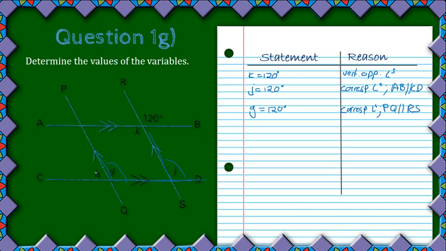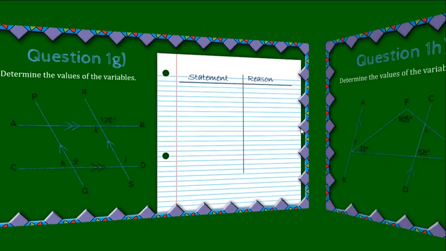And then finally we have H. So H and G lie on a straight line, so that means that H plus 120 degrees will equal 180 degrees, and the reason is angles on a straight line. So I solve for H, and H is 180 minus 120, so that's equal to 60 degrees.